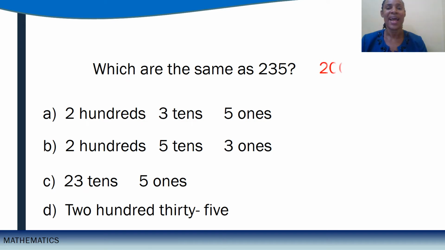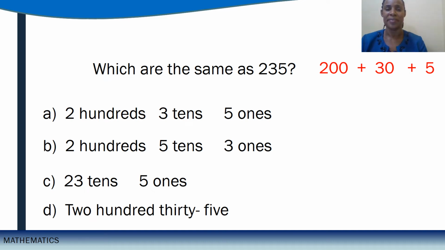235 can be written as 200 added to 30 added to 5. And that gives us a value of 235. Boys and girls, this helps us as we look for numbers that will give us a value of 235.